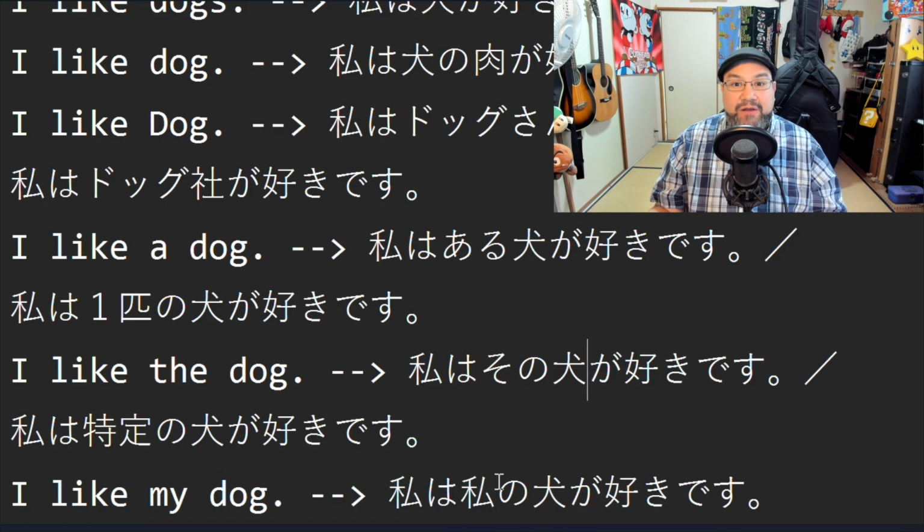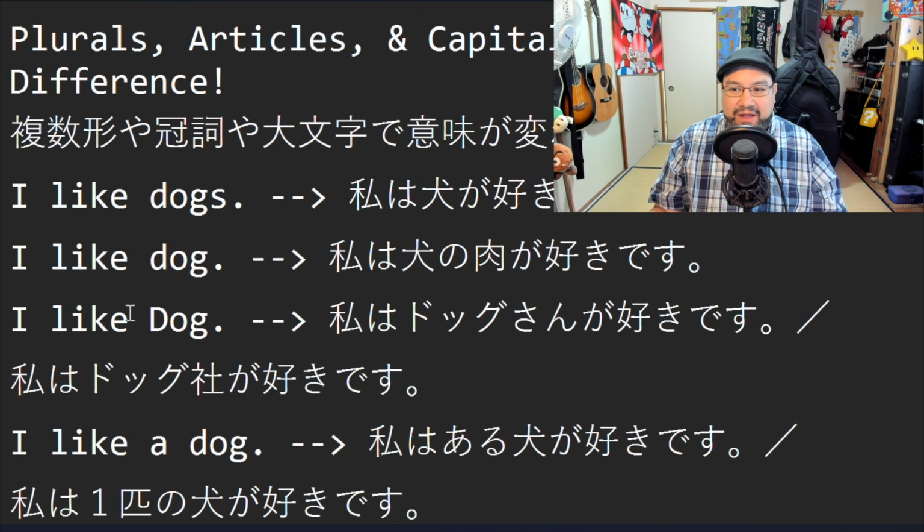So there are many ways to say you enjoy dogs. You can say, I like dogs, which means you like the idea of dogs. I like my dog, particular dog. And other than that, it gets strange. I like the dog, I like a dog is very specific. I like Dog, if you're writing with a big D, means a name of somebody.